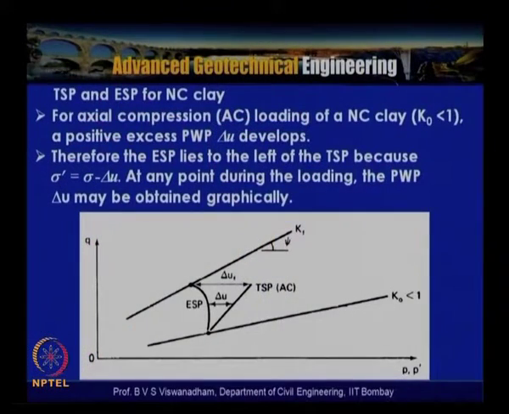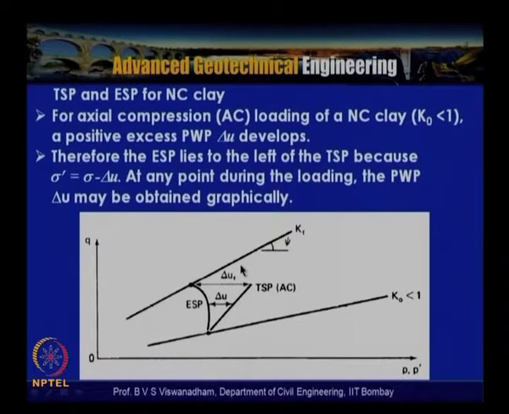Now look at the total stress path and effective stress path for normally consolidated clay, for axial compression loading, when K0 is less than 1. This is the K0 less than 1 line, and this is the KF line, the failure line.